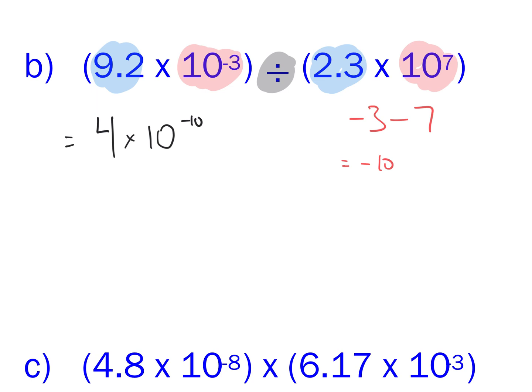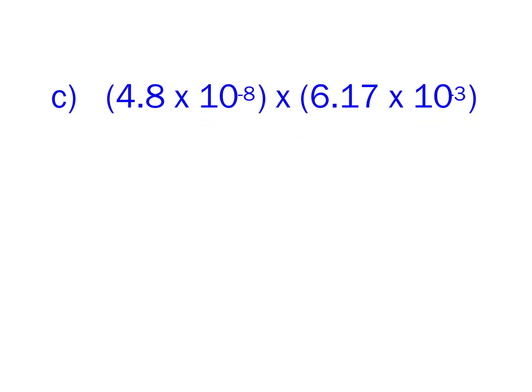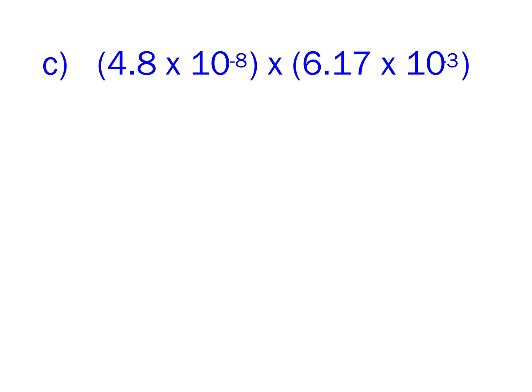All right, a couple more examples. Here's a good one. 4.8 times 10 to the negative 8 times 6.17 times 10 to the negative 3. Again, we're going to start off by looking at what the base operation is. Then we're going to multiply those numbers.